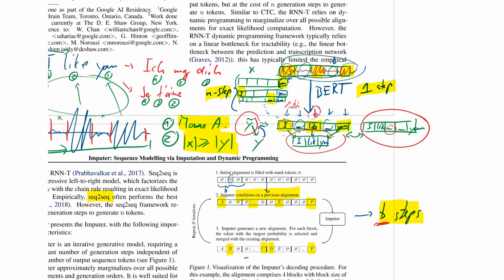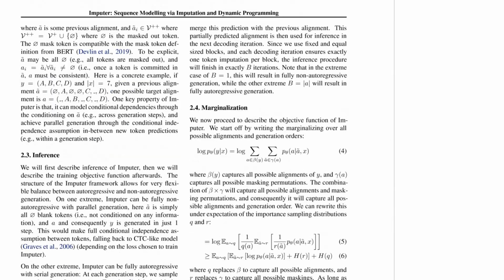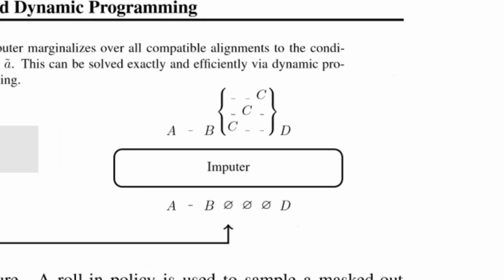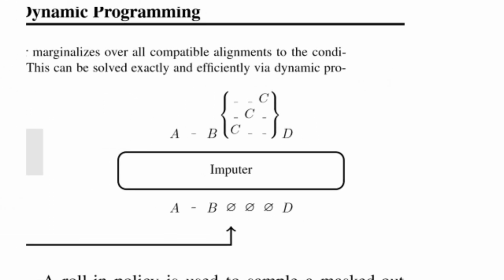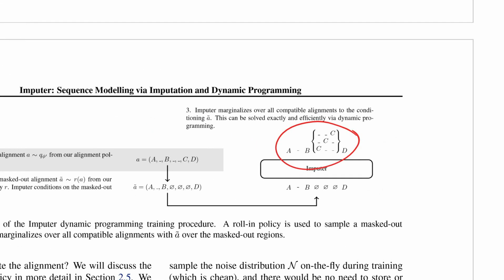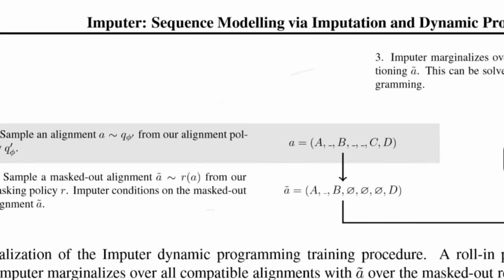And how they do it is they marginalize, you see this down here, you want to marginalize over all the possible alignments right here.